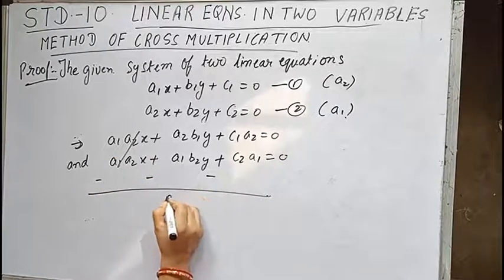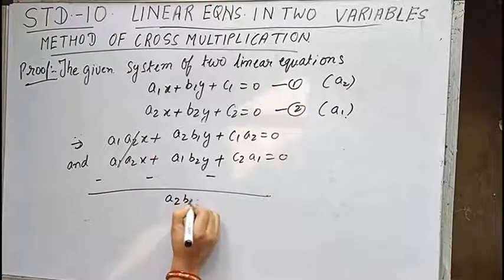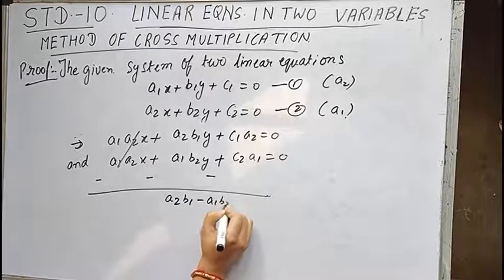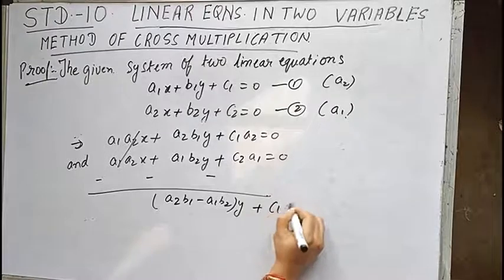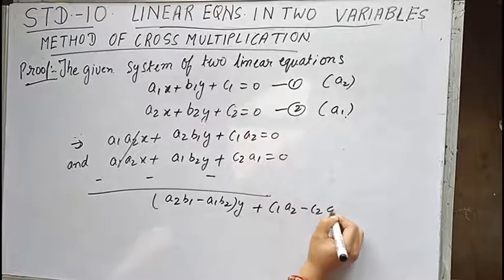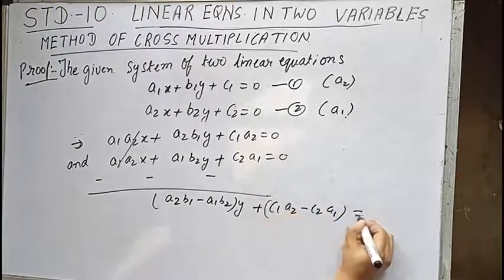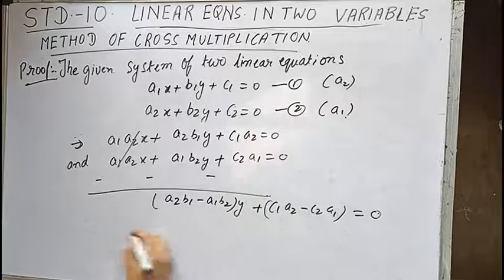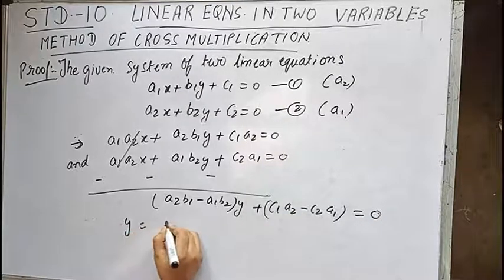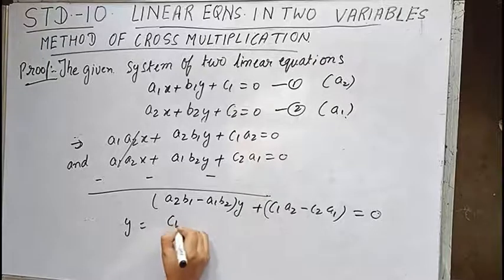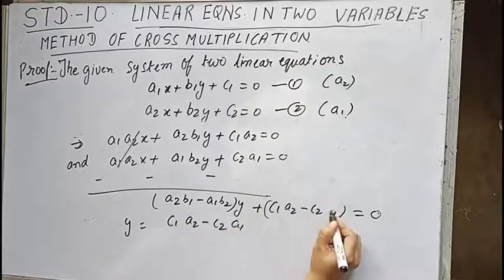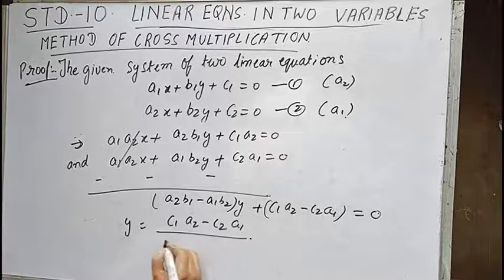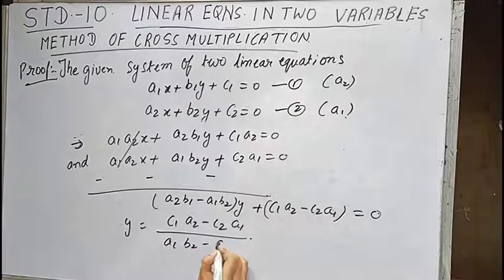So over here we will be getting (a2 b1 minus a1 b2) y plus (c1 a2 minus c2 a1) equals 0. Now I have to get the value of y. So y will be equal to (c1 a2 minus c2 a1) divided by (a1 b2 minus a2 b1).